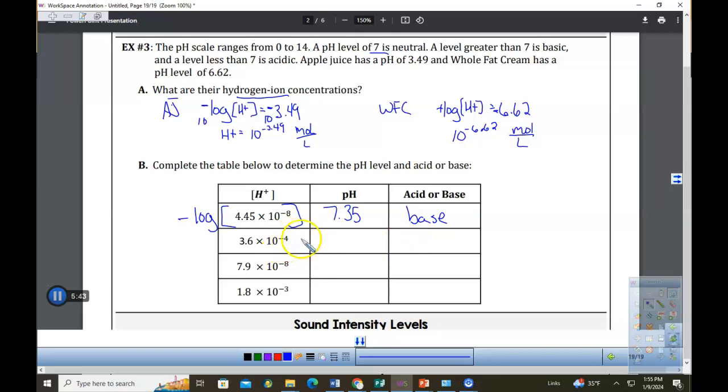I negative log this number, and I get 3.44, which is an acid. I negative log this number. I'm just using the formula. And I get 7.1, which is a base. And I plug in this one, and I get 2.74, which is an acid.